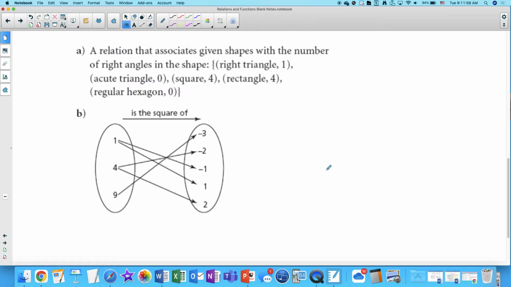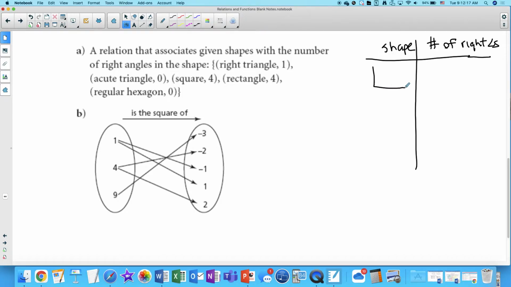So if we make this into a table of values, because it's kind of hard to see, here's the shape, here's the number of right angles. A right triangle, that's a really bad right triangle, but there we go, has one right angle. An acute triangle. Acute triangle means all angles are less than 90 degrees. That has 0 right angles.